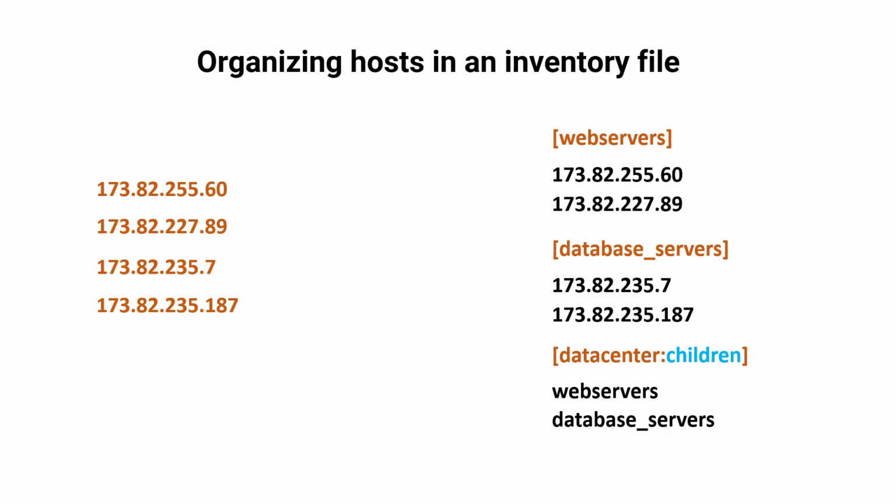So this is a better way of organizing your hosts, as you can see. Here we have a total of three groups. We have the first two groups, and then we have the last group, which consists of the first two groups, all right? Now let's move over to our Ansible control node and see this in action.